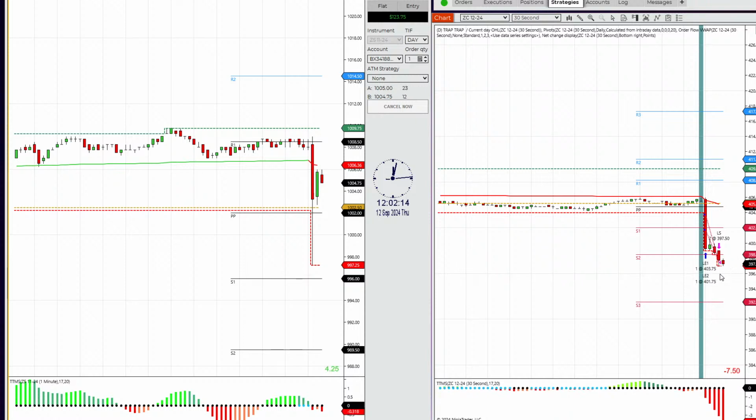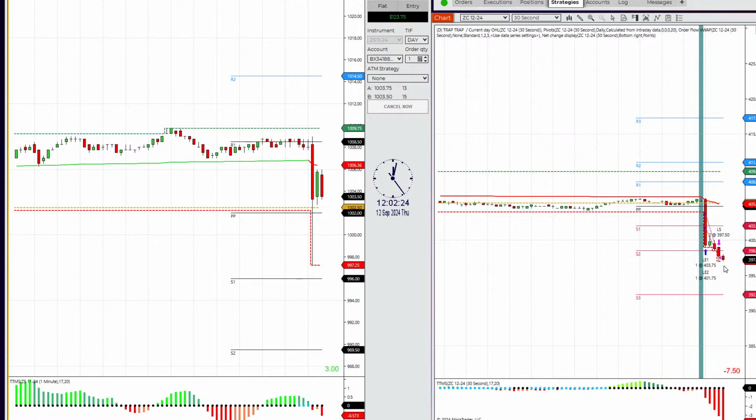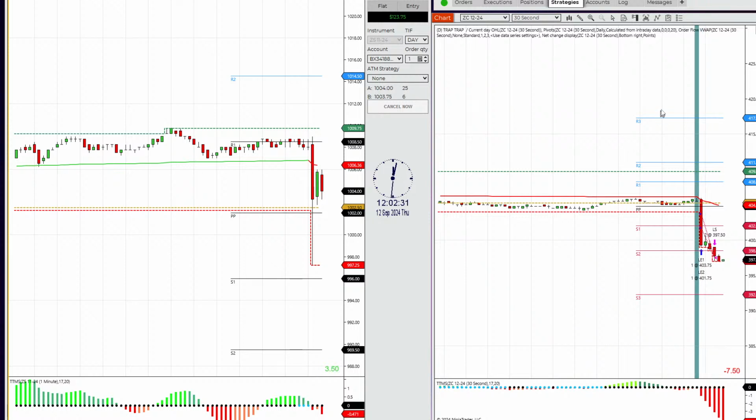Now it may reverse now, but something's going on where it's very negative news for corn pricing. I'm not going to try and guess where this reversal is going to kick in. I have to just bite the bullet, accept what happened, and move on.